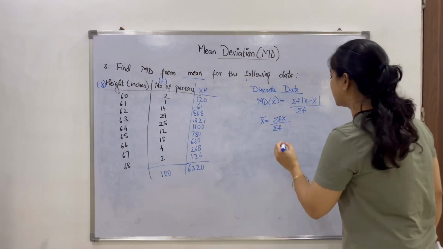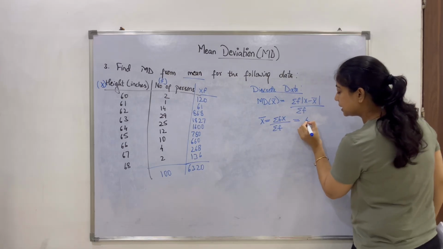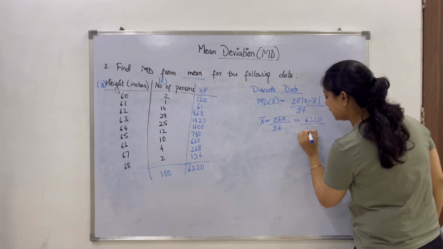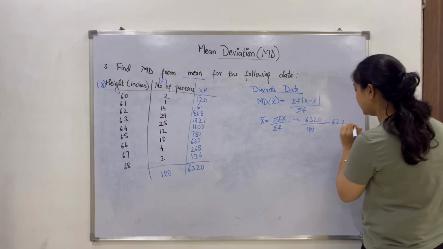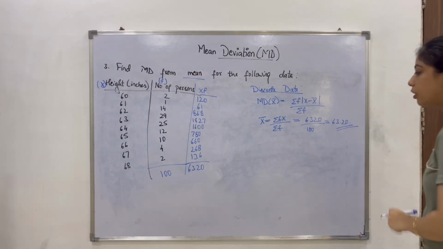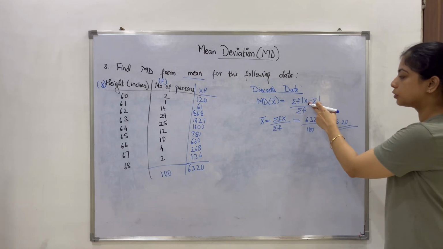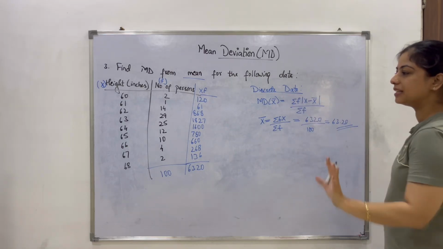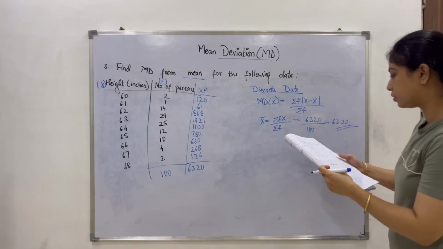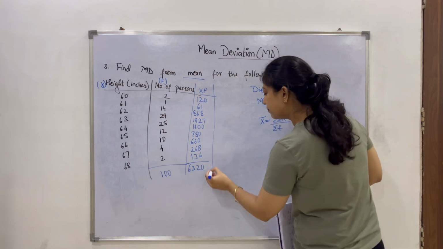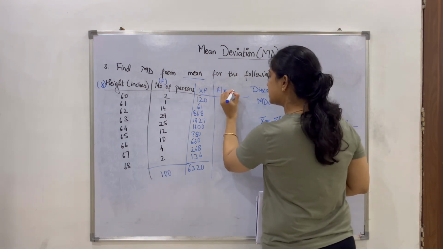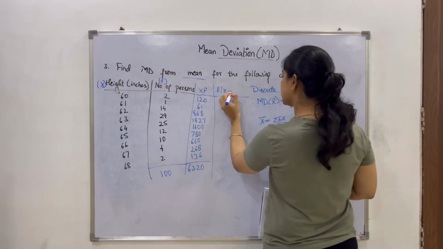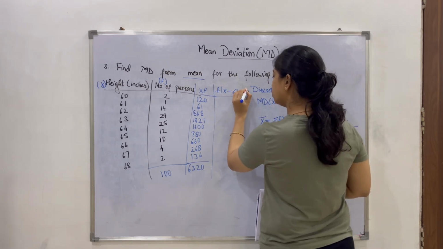So let's substitute that in the formula. 6320 divided by 100 and the answer for this is 63.20. So we have got our mean. Now we have to substitute back in this formula in order to get our mean deviation from mean. So let us make the column f into |x minus 63.2|, the mean being 63.2.